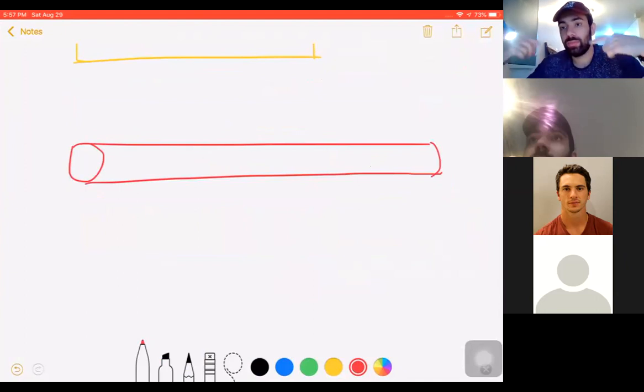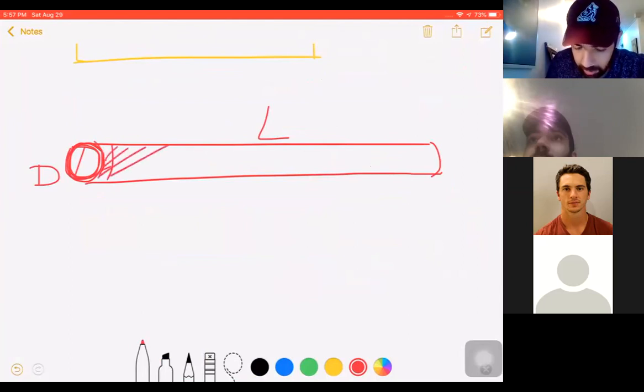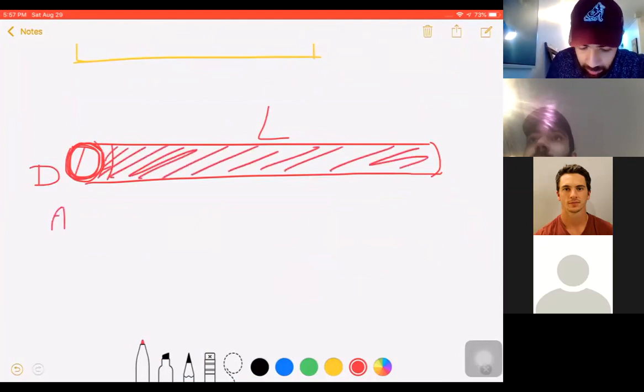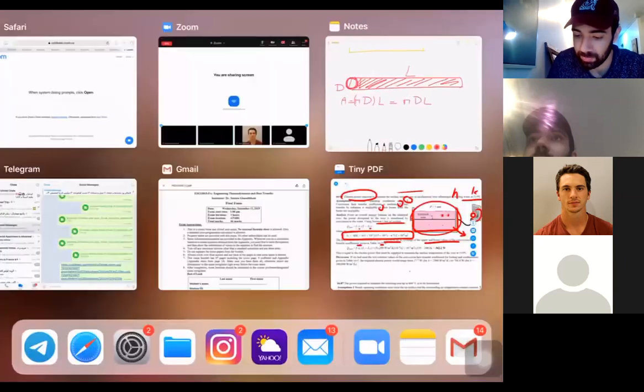And for finding the total effective area of cylinders, you have this periphery that is being calculated based on, like, this has a diameter of D with a length of L, so the area around this cylinder is equal to the perimeter of this circle, pi times D, times the length.